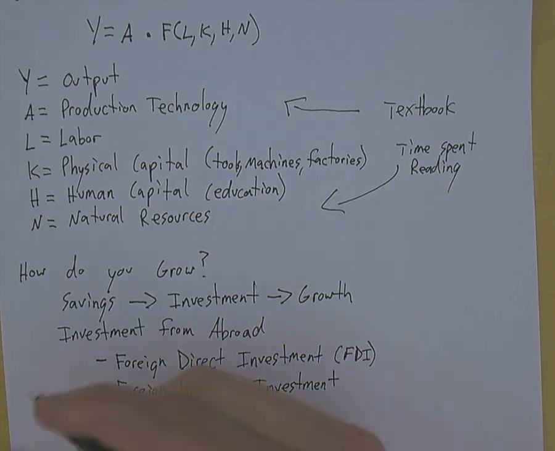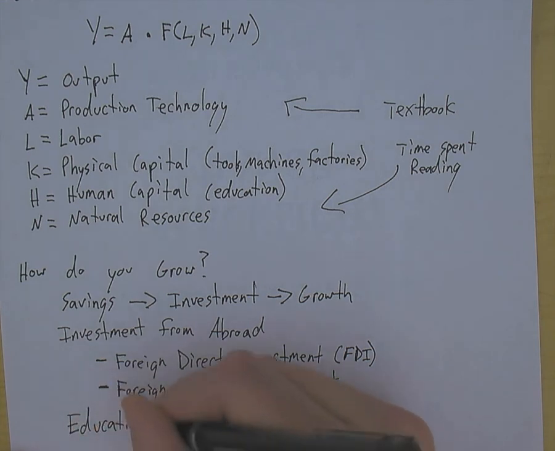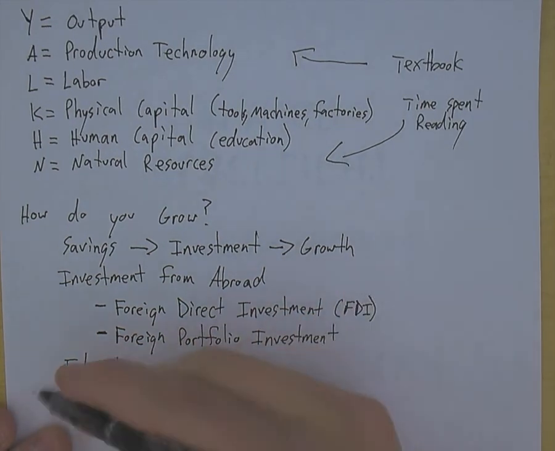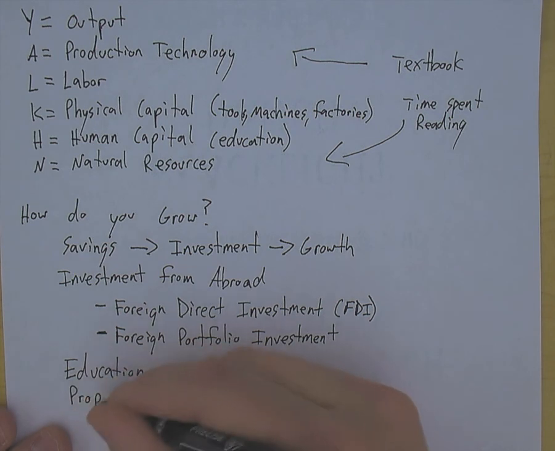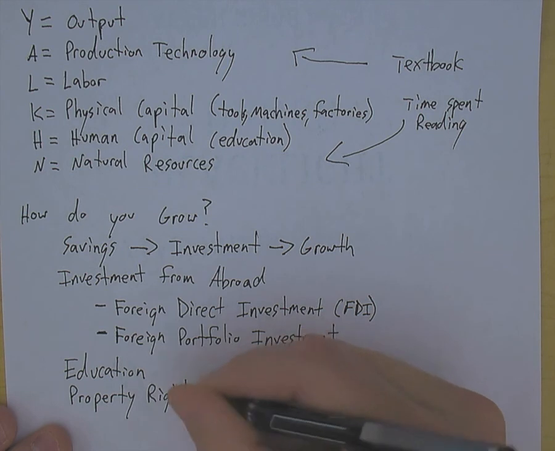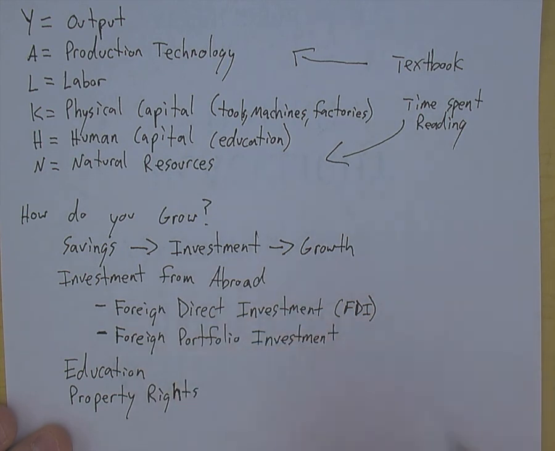How else do we grow? Education. The more educated our workforce, guess what? The more productive we will be and the better off we'll be. That's what we say. Go to college. Get more education in this country. You'll make more money because you'll be more productive. The next idea is property rights. We saw this idea when we watched Niall Ferguson's video on the convergence between Western societies and places like China and India, and then we have this reconvergence over the last 30 years.